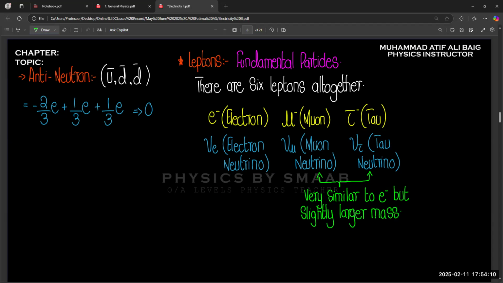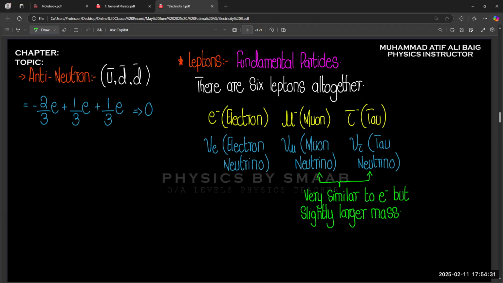So the mass of muon and tau is greater than electron, but they are almost equal and look exactly like electron. And definitely they also have negative charge just like electron, because electron also has negative charge.